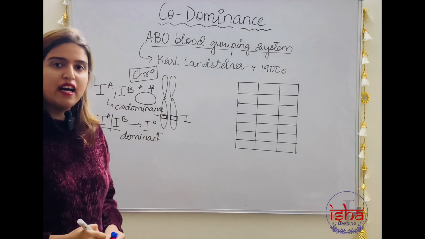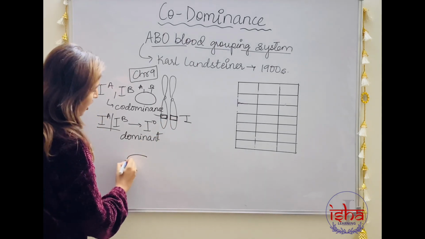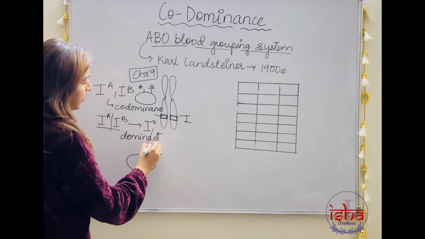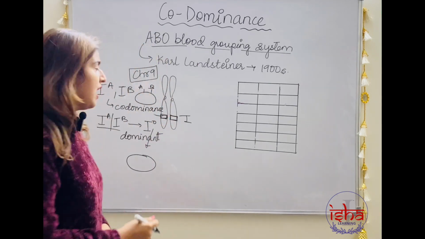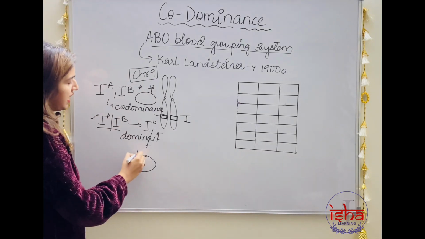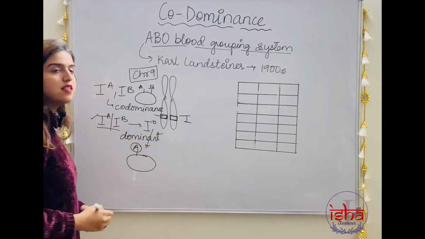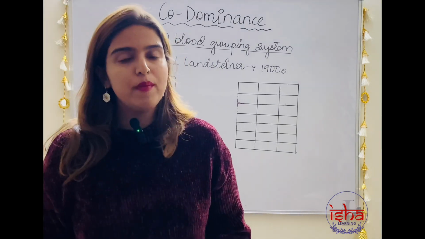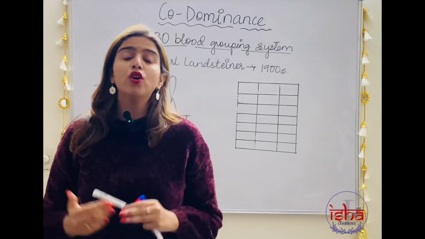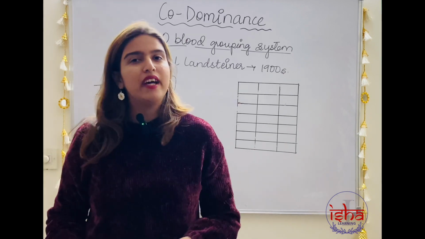Why is that? Basically, I'm going to have an RBC where the O allele is not going to contribute any antigen. Let's say I have the IA type allele, so the A antigen is going to be present on the surface. That is why A and B alleles are codominant, whereas they are both dominant over the O type allele.